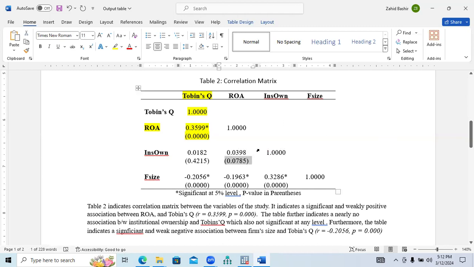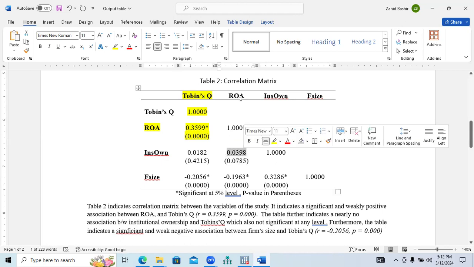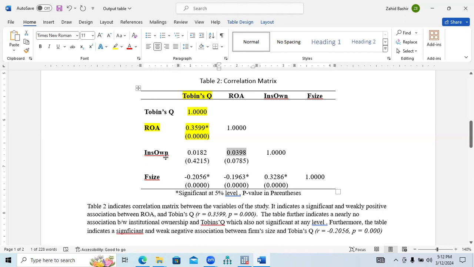So you can say that there is a weak significant and weak positive association between ROA and institutional ownership. While in case of firm size, there is a negative and significant association with Tobin's Q. There is a negative and significant association with ROA. There is a positive and significant association with institutional ownership.